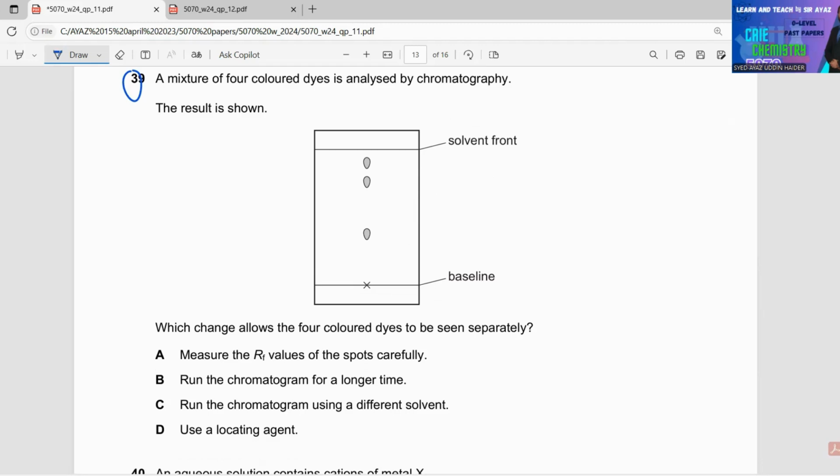C. Run the chromatogram using a different solvent. So you want to see these separately, so you have to change the solvent in this case. So we can use a different solvent. This looks correct to me. Reading the last statement, use a locating agent, it is incorrect because we have colored dyes. A locating agent is used to identify colorless substances. So C must be the right answer in this case.